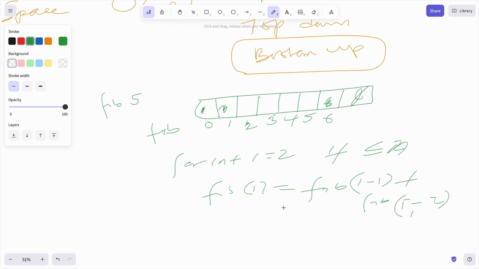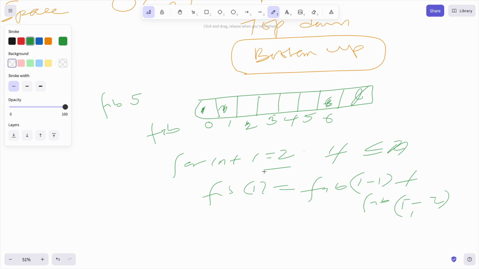So you can imagine that once we loop through, because we are going from 2 to 3 to 4, by the time we are evaluating for 4, we already have the solutions for 3 and 2. By the time we are evaluating for 5, we already have the solutions for 4 and 3. By the time we are evaluating for 6, we already have solutions for 5 and 4.